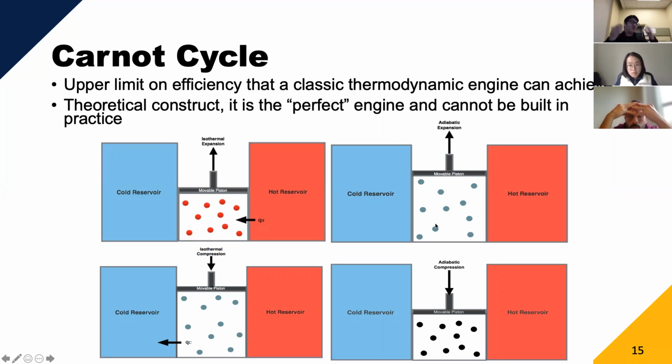But if you could do it, this is essentially what would be happening. That's why you don't have this sort of heat exchange happening in steps 2 and 4.